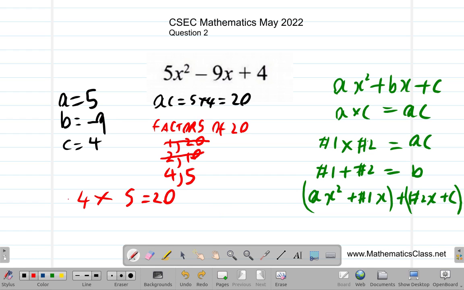Suppose you make the 4 negative and the 5 negative. Negative 4 by negative 5 gives you a positive 20. Very good. What about negative 4 plus negative 5? That is the same as negative 4 minus 5, which equals negative 9. We got it. So, the numbers we're looking for are negative 4 and negative 5. See that?